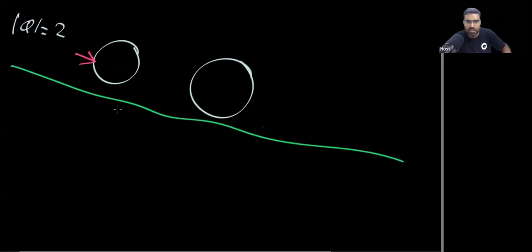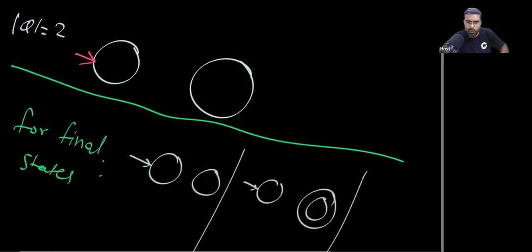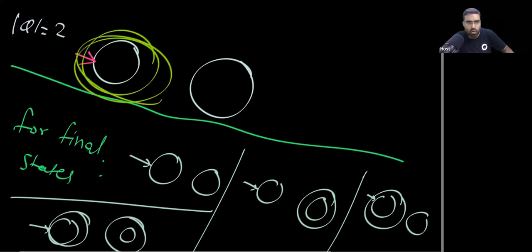So for final states, there are 4 possibilities. Every state has 2 choices: either you make it final or non-final.